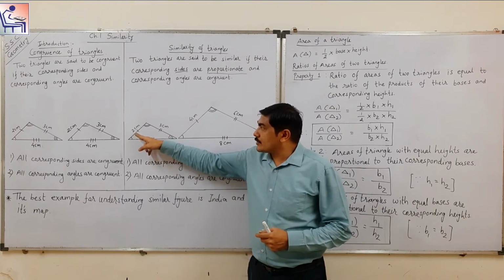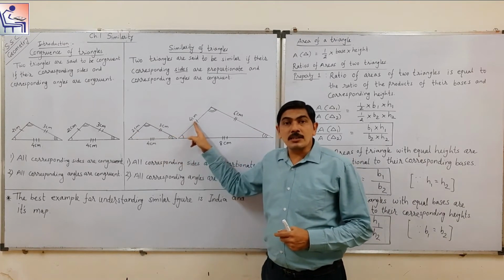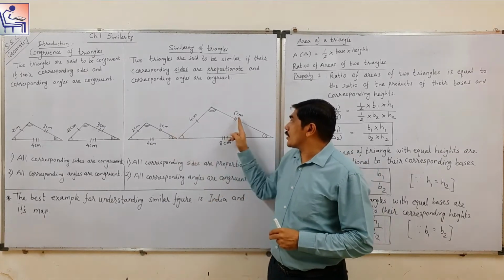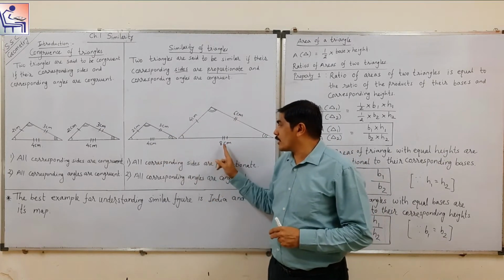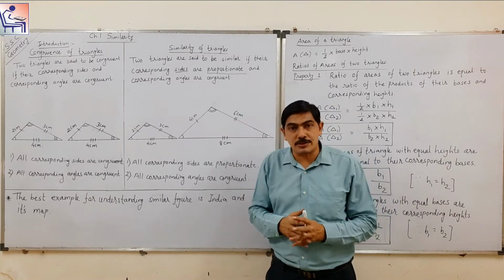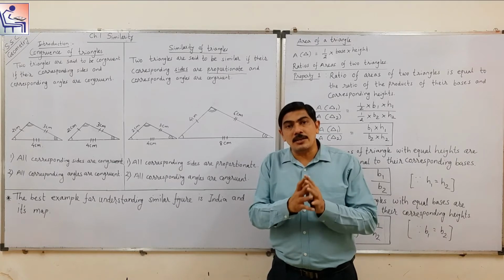Here you can see that this is 2 centimeter, then this is 4 centimeter, exactly double. Here 3 centimeter, 6 centimeter, 4 centimeter, 8 centimeter. So we can say that the sides are proportionate. It means they are exactly double.